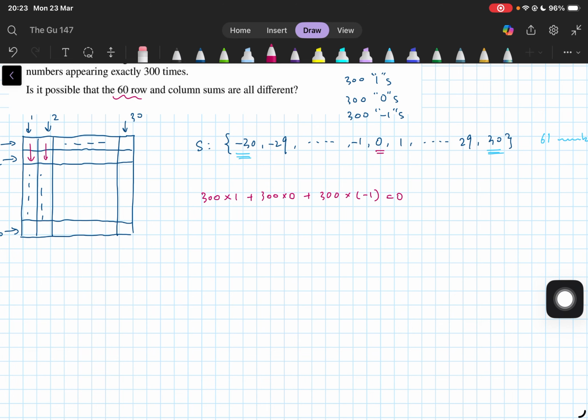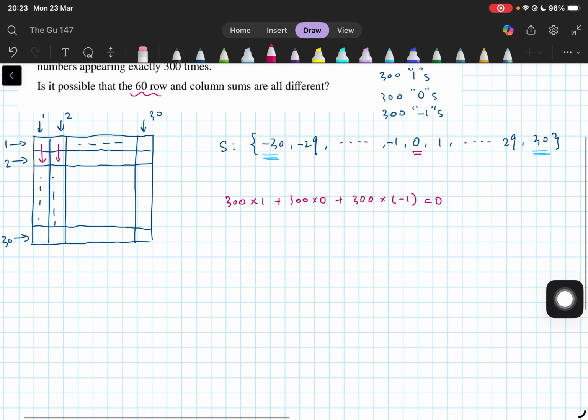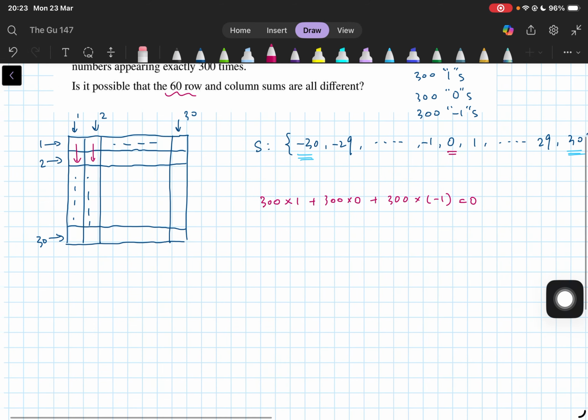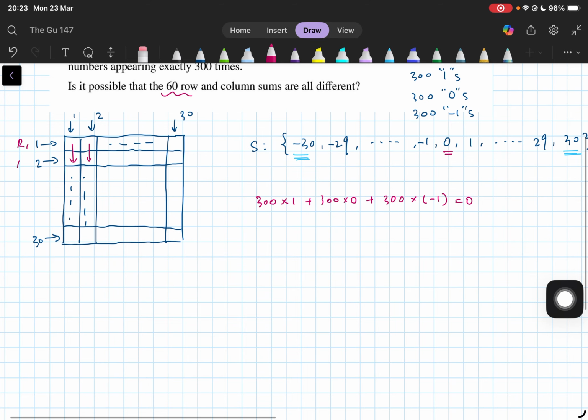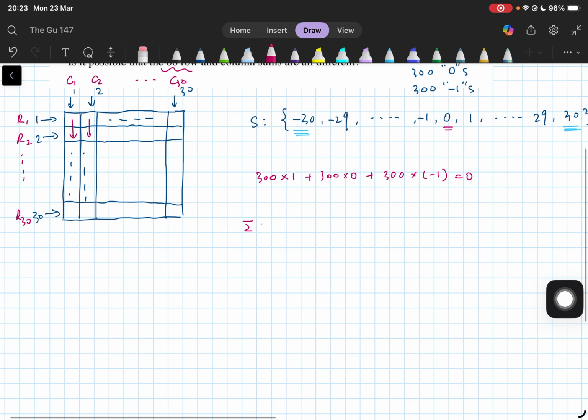So if we have row sums, let's just call them R1, R2, up to R30, and let's call column sums C1, C2, up to C30. So if we sum up C and R, well, that should give us 0 as well, because these two totals should be equal.